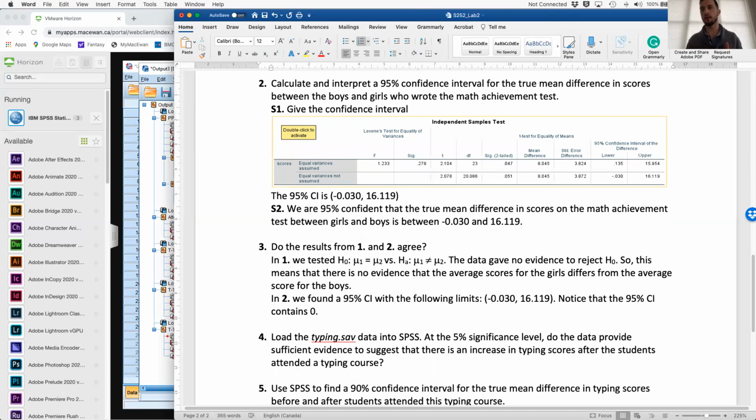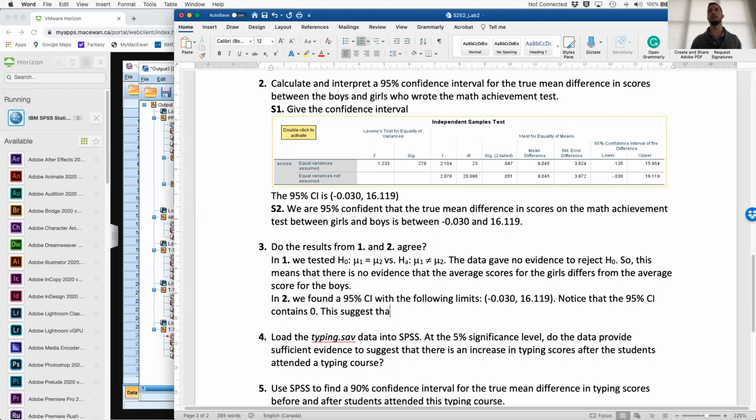When we're evaluating the relationship between a hypothesis test and a confidence interval, the main way that we evaluate is by looking at the confidence interval and saying, does the interval include 0 or does the interval not include 0? Since the interval includes 0, this means that a possible value for the difference between mu1 and mu2 is 0.